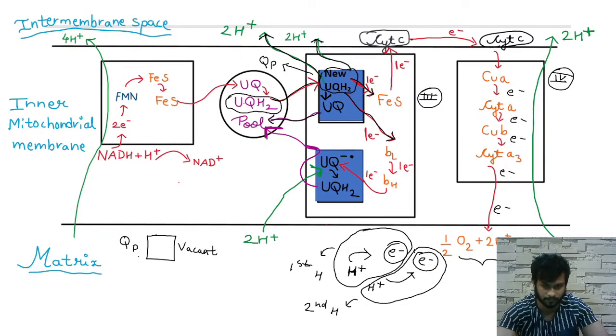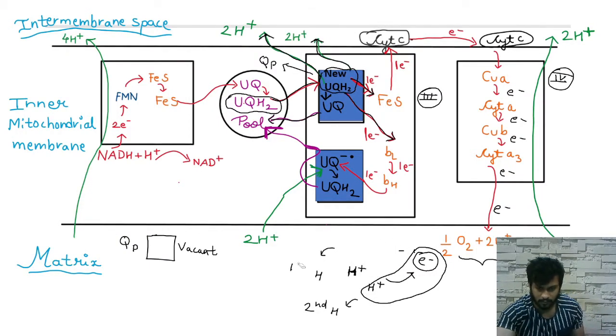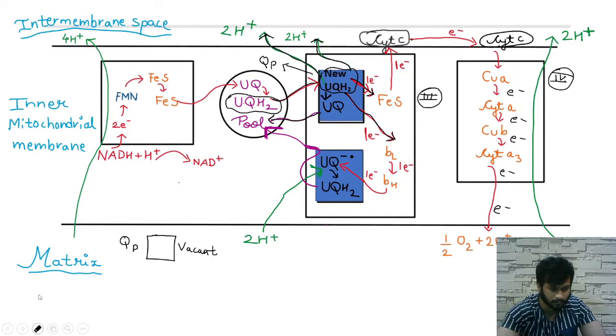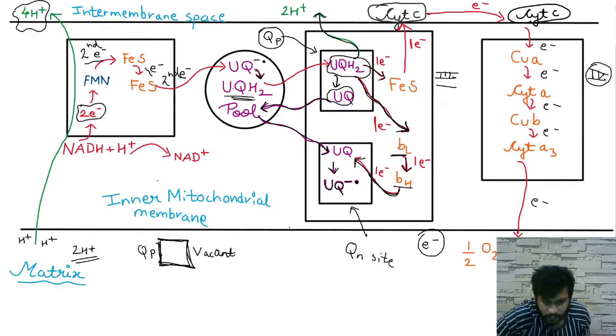Now we will understand what happens at the QN site where the semiubiquinone is present. So this semiquinone was already formed, as we can observe. Yes, semiquinone was formed.